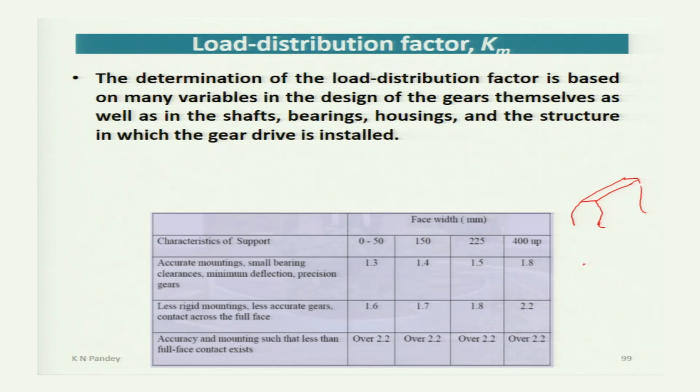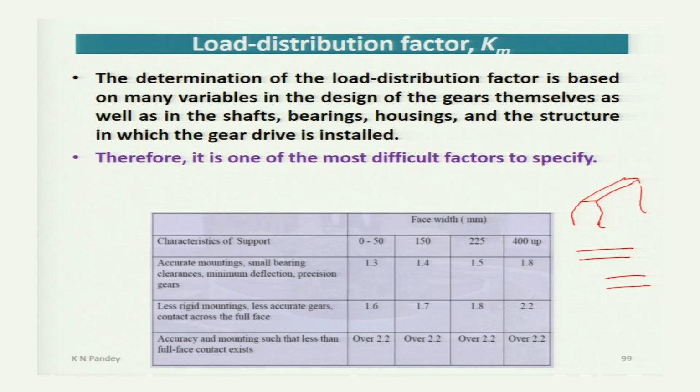Because if the shaft of the driving gear and the shaft of the driven gear are not accurately mounted, then when the load is transmitted from one gear to another gear, it will not be uniform throughout the width. Now, if width is very long, then also there may be a chance that the load will not be uniformly distributed.